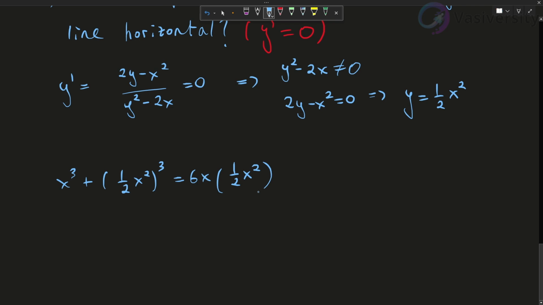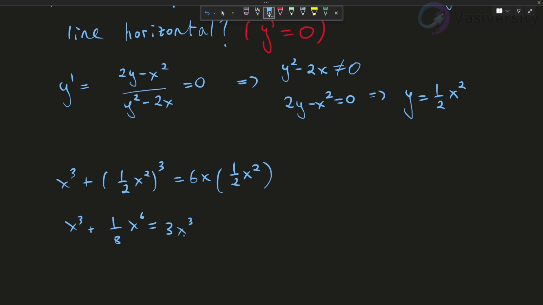All right, so this equation is going to simplify. So we're going to have x cubed plus 1/8 x to the 6 is equal to 6 over 2. This is going to be 3x cubed.